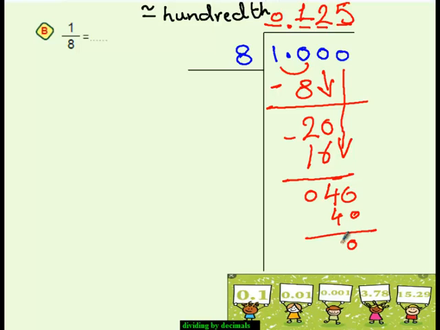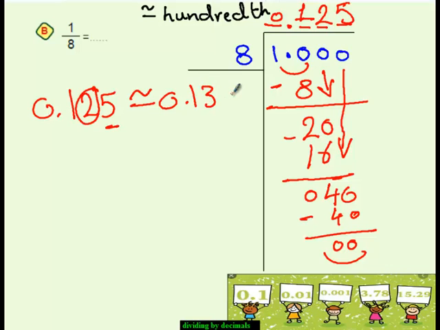And then here 0, 0, happy face. Okay, so I have the number here 0.125. I'm gonna approximate to the nearest hundredth, so it will be 0.13.